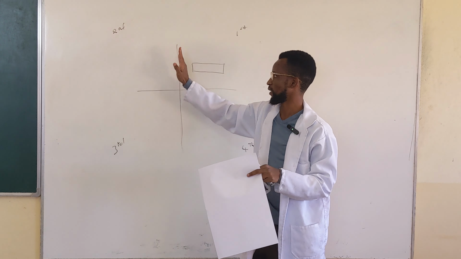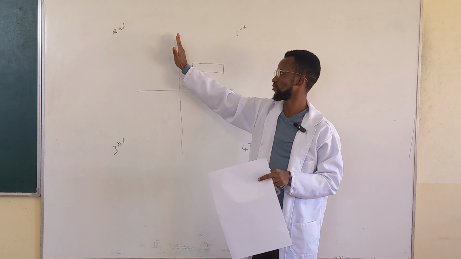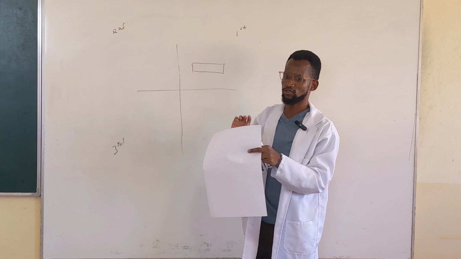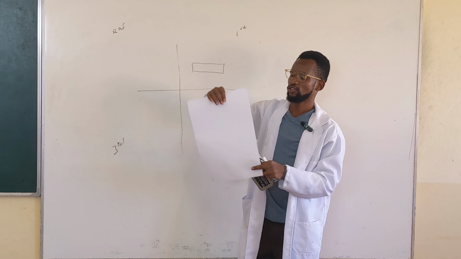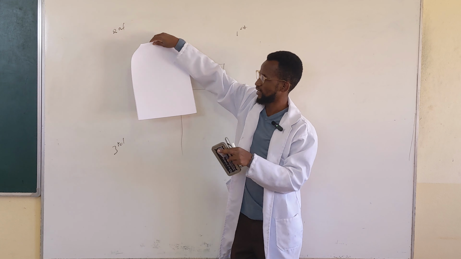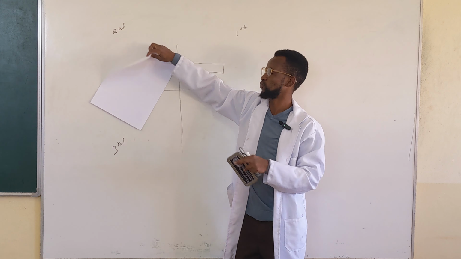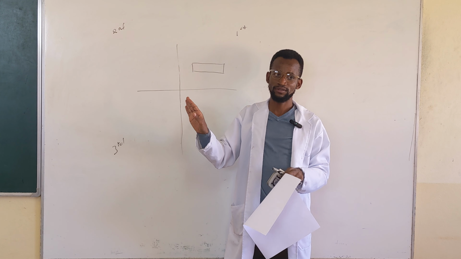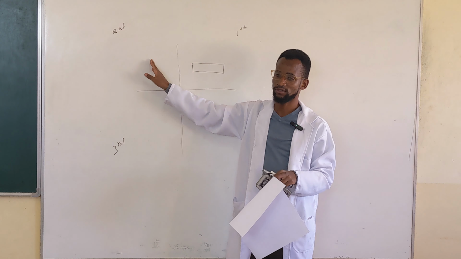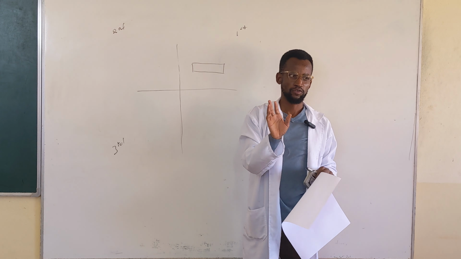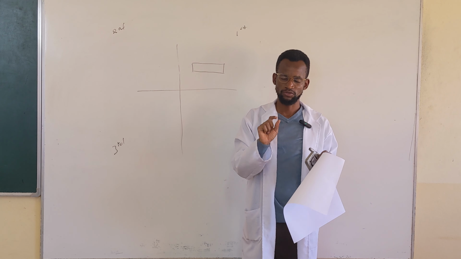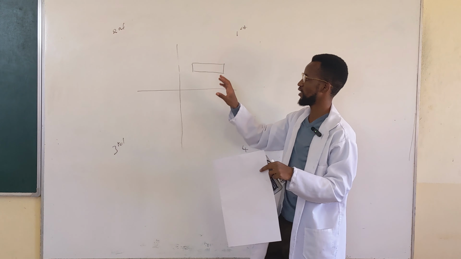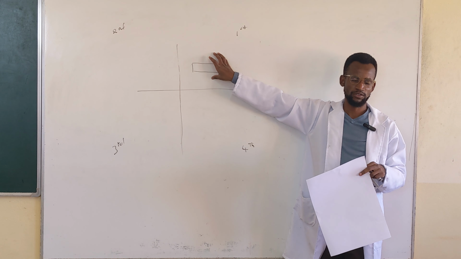But since your paper, when you're drawing on your board there, is not like this, you want to represent the drawings on a flat sheet like that. So when you view it here, you will take it there, so it will appear there. Not on the third quadrant, not on the second quadrant rather. We are just talking of the representation of your orthographic views on a drawing paper here. We are considering an object that is in the first quadrant there.